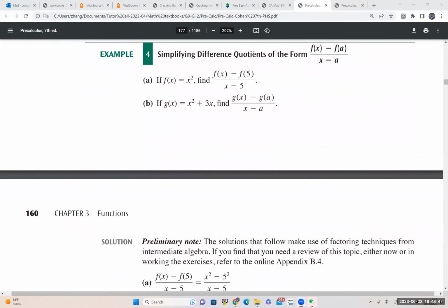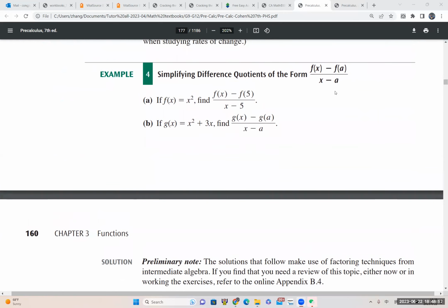Simplify the difference quotient for the form. So again, A is like one place or one point, right? X represents another place or another point. So this is the formula to find the average rate of change between X and A, right? Then you just substitute in, g of x is this.